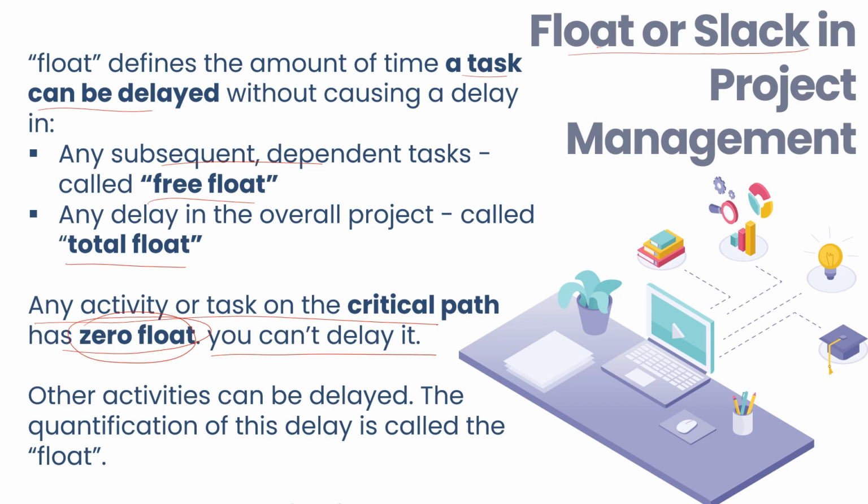Also, the other activities, when I say other activities, these are non-critical activities. These activities can be delayed depending upon whether you have the resources available, whether you want to divert some resources and delay some activity. So here you can manage those activities without impacting the completion of the project or the project deadline.